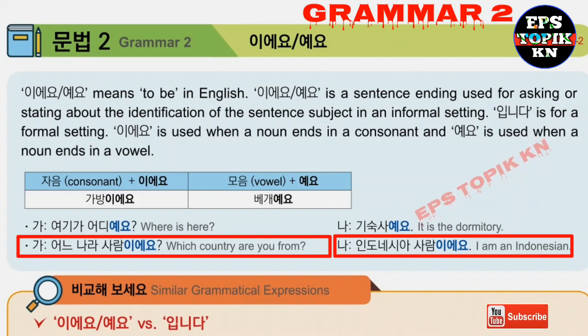Notice we can use 이에요 and 예요 in a statement or in a question. We don't have to change the form. And the answer, 인도네시아 사람, is translated as Indonesian in English. But it's good to go ahead and say 사람 when you speak Korean.